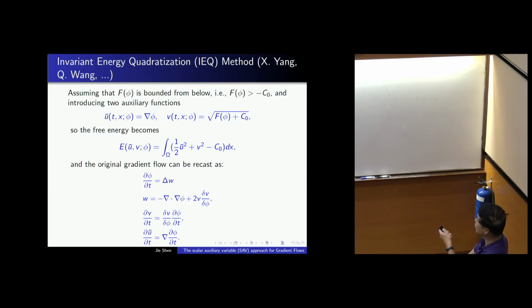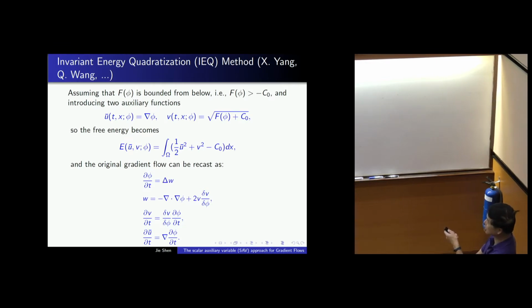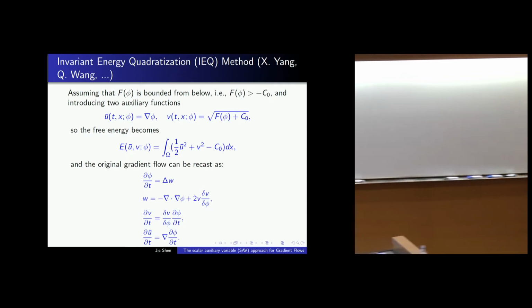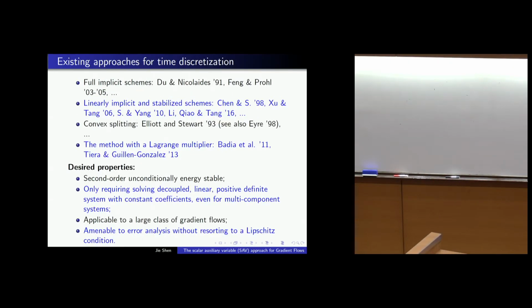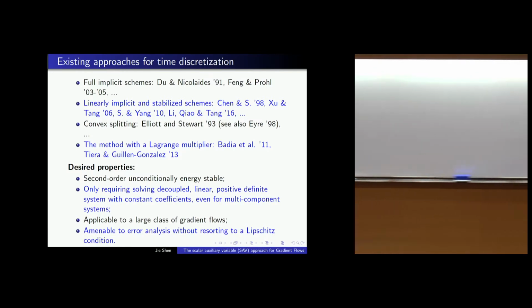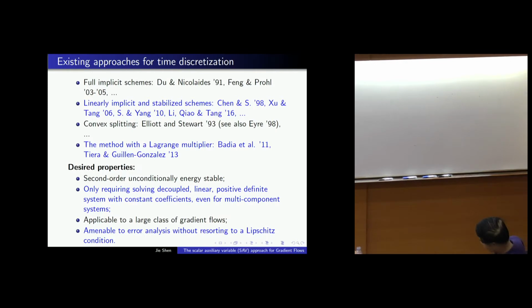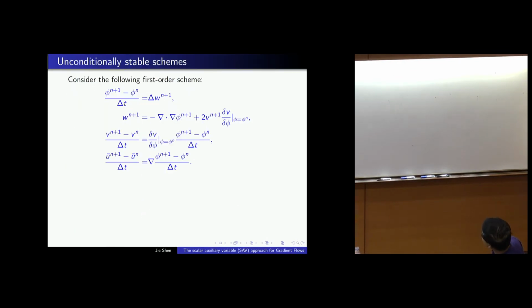And then you need two equations for the extra auxiliary variables u and v. You take the partial derivative with respect to t of v and u. You get those two extra conditions, which are exactly the same as the original equation, but when you try to design numerical schemes, then you have flexibility.